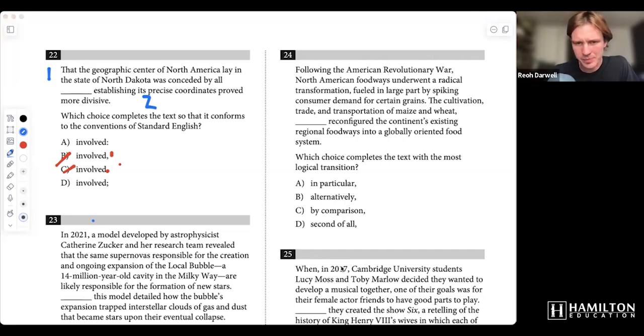Meaning, it would have to explain or amplify or clarify some sort of information given in the first sentence, which doesn't happen here. It's actually a full pivot. So because it's a pivot, this is not an elaboration.